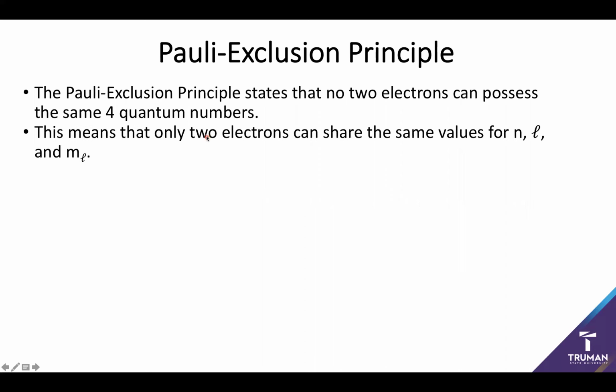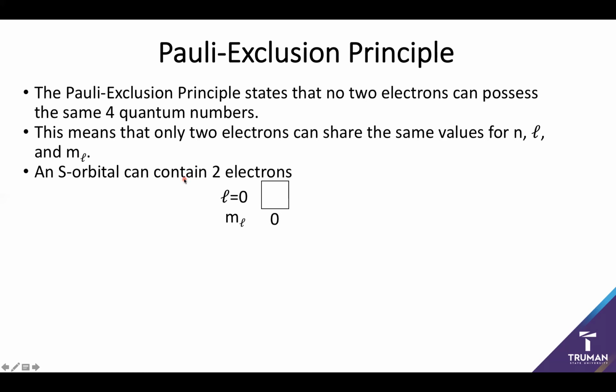At least one of them has to change, which means that if I'm looking at electrons with quantum numbers n, l, and m sub l, I can have two electrons with these same exact values, one with the spin up and one with the spin down. And this has some really cool implications for how many electrons can fit in a given shell or subshell.